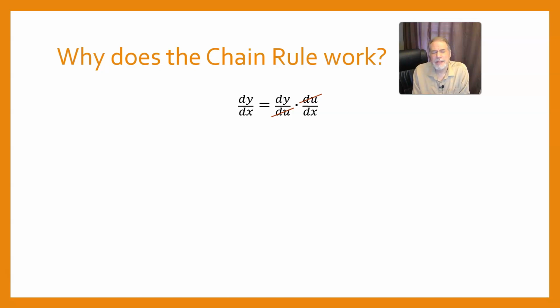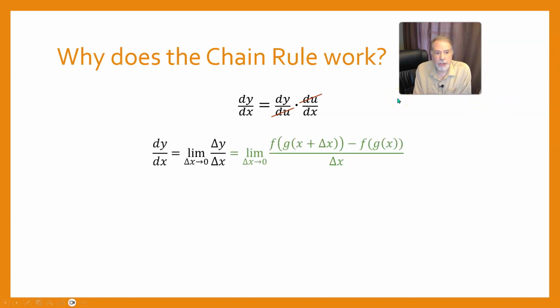The problem is that these aren't really fractions. They aren't really ratios of something called dy by itself divided by something called du or something called dx. Instead, they are limits of fractional or ratio expressions.